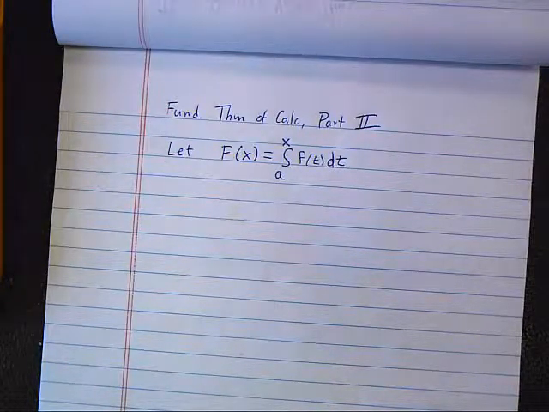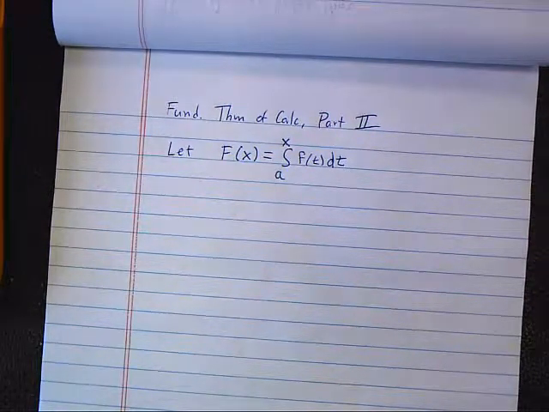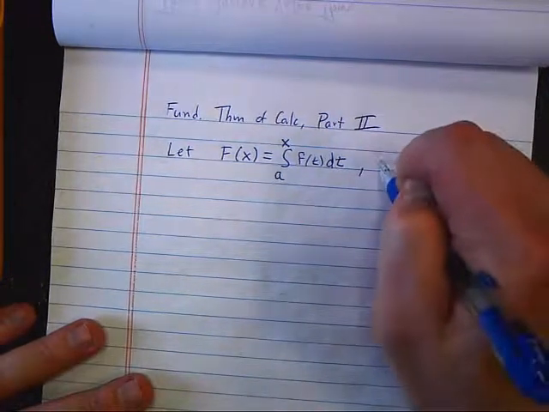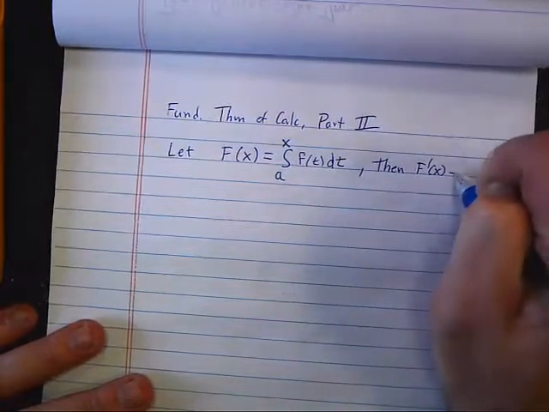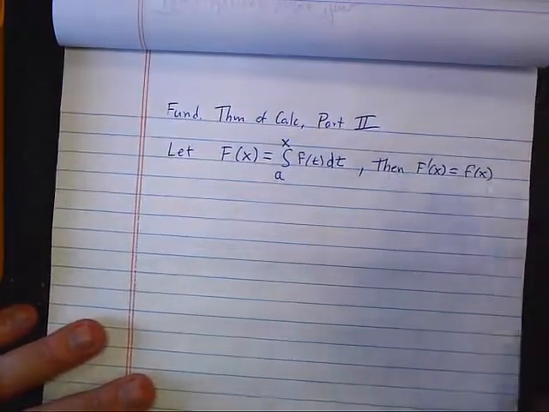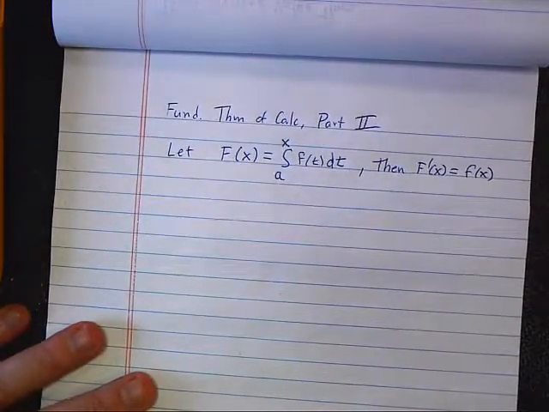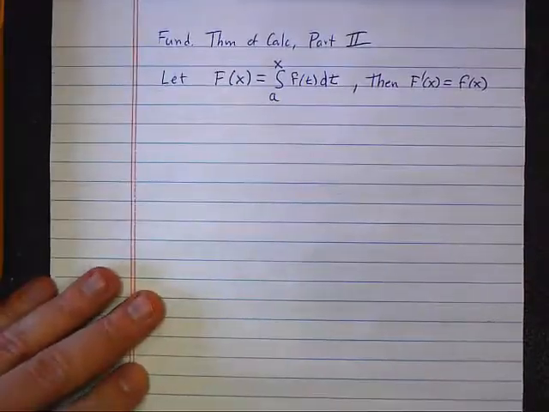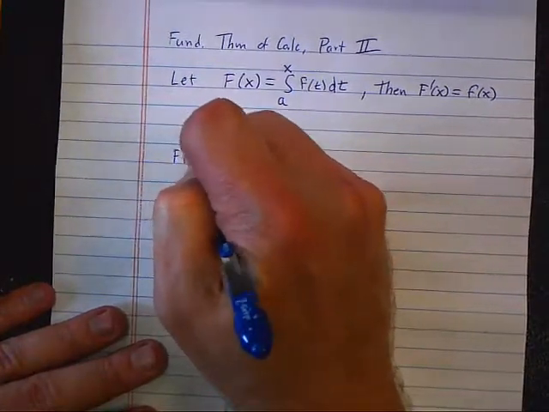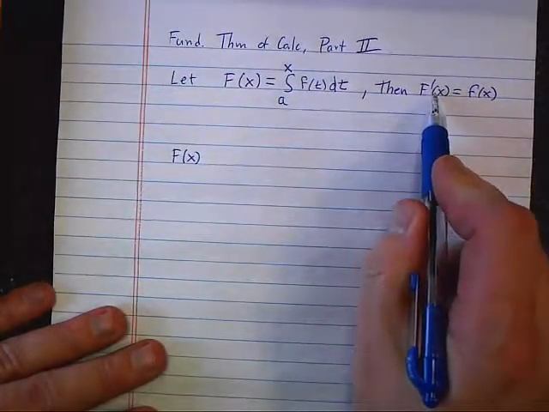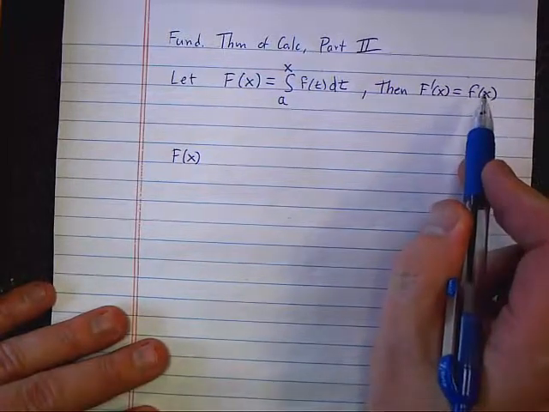What is that? Well, let me write down the rest of the theorem, and then we'll get to it. Then, F prime of x equals little f at x. Capital F prime equals little f.